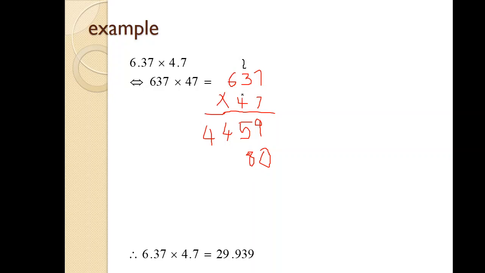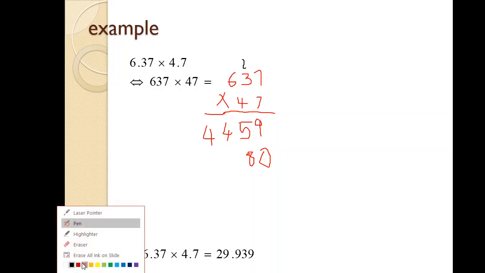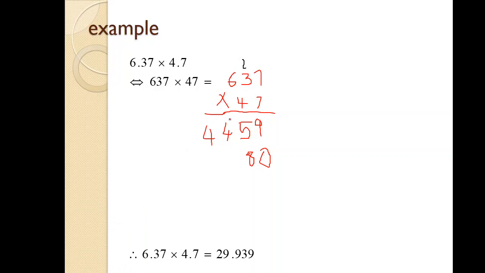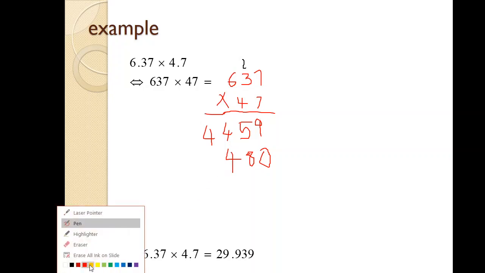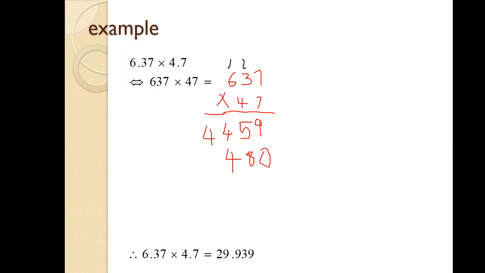Then from there you say 3 multiplied by 4. You multiply 3 by 4, you get 12. Then you say 12 plus this 2 gives you 14. Then you put the 4 here. Then the 1 you give away on top.